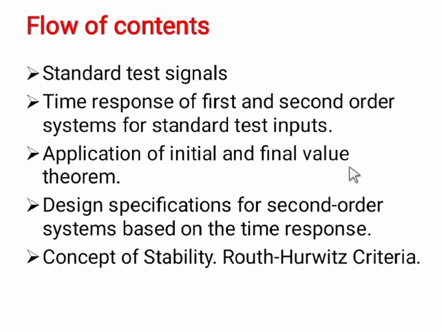So the final value theorem is useful to find the accuracy of the system. Accuracy means that after the system becomes stable, what magnitude of error remains in the system. So these theorems are used to find out the accuracy of the systems.